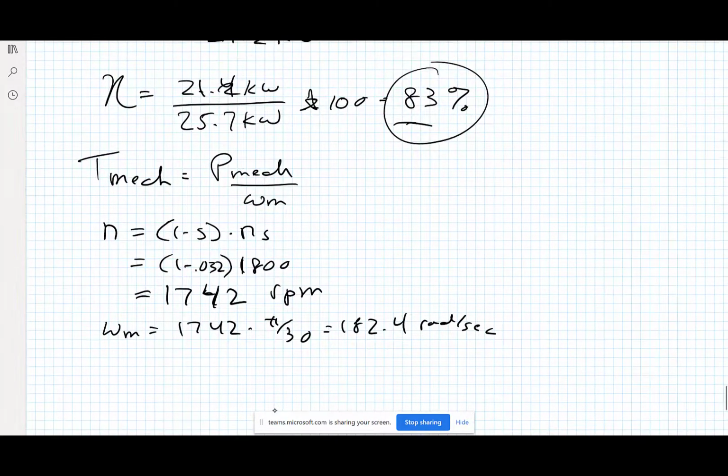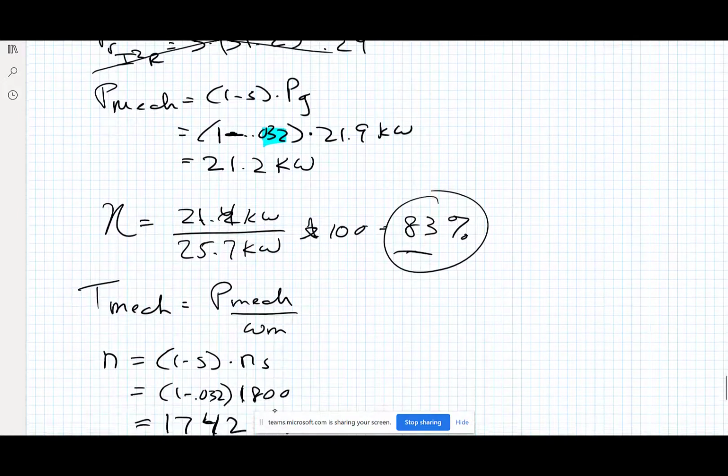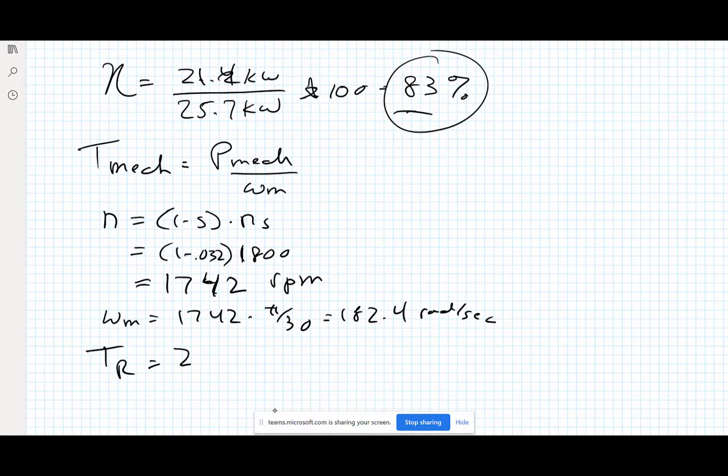And so my rated torque is my mechanical power, 21.2 kilowatts, divided by 182.4. And there it is right there. So that's 116 Newton meters.